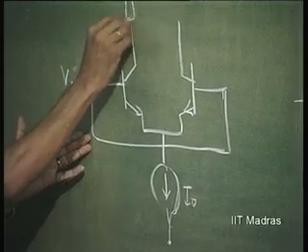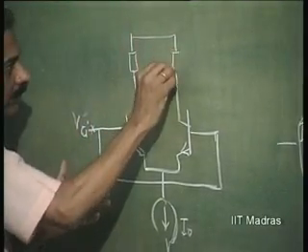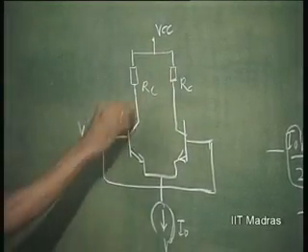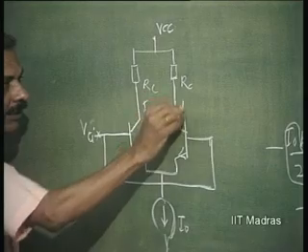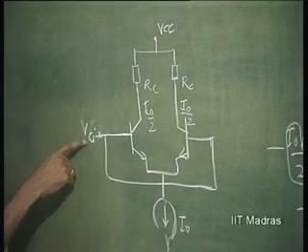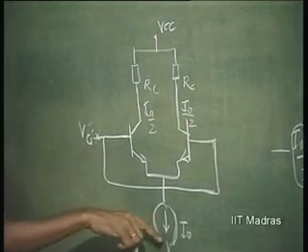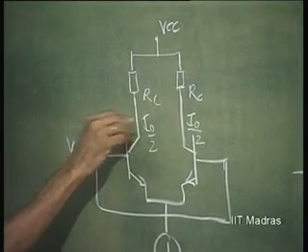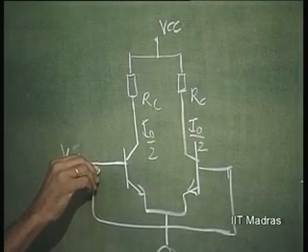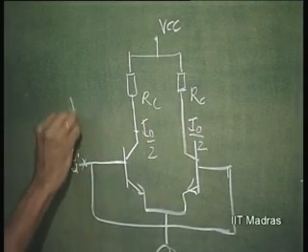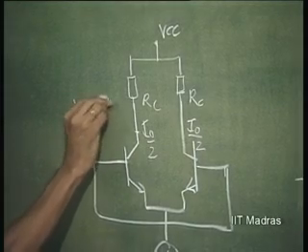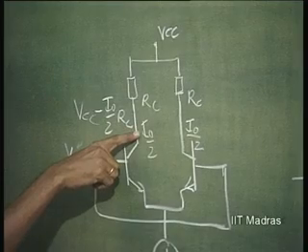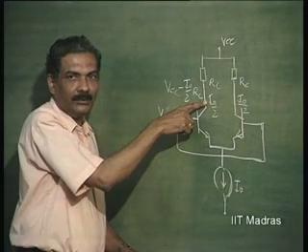If this is RC, this is also RC, this is VCC, then the current in this will be I naught by 2, I naught by 2. And since the common mode signal is not going to cause any change in this current, so this common mode signal, when it is increasing, the reverse bias voltage applied to the transistor will keep decreasing. So, this can go on up to VCC minus I naught by 2 RC. Right. This voltage is going to remain almost constant at VCC minus I naught by 2 RC.